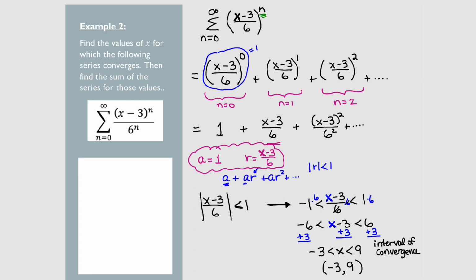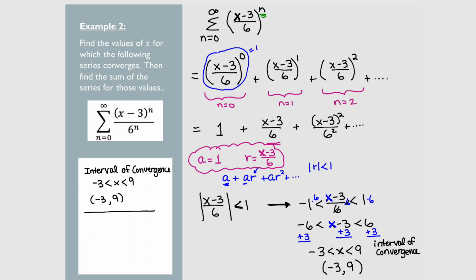I have that this series has an interval of convergence, or in other words, converges for x when x is in between negative 3 and 9, or specifically, that's when x falls in the interval negative 3 to 9.